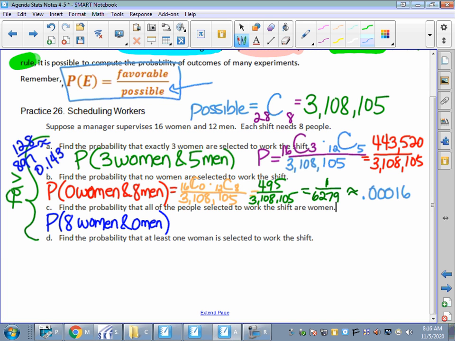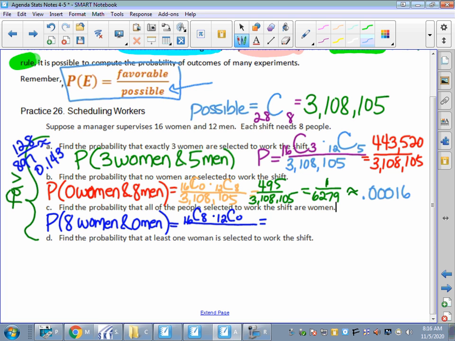So typically you are going to have 2 parts. So 8 women working. That means I'm going to have 16 combination 8 times a 12 combination 0. The and tells me to multiply. The 12 men, I'm picking 0 of them. 16 women, I'm picking 8 of them. That's all going to be over my 3,108,105. So check my math on that.